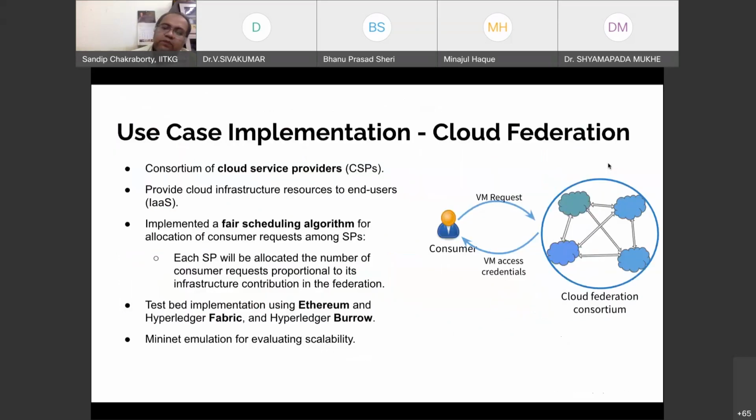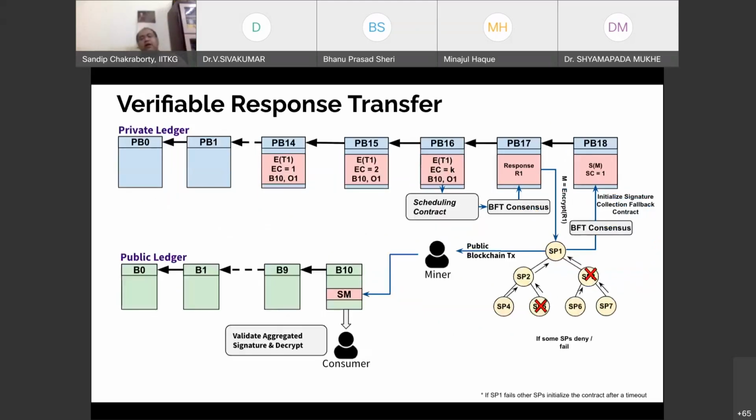Okay, so that is the core idea of the entire protocol, which actually says that we are using two different blockchains to create the interfacing, one private blockchain and another public blockchain.